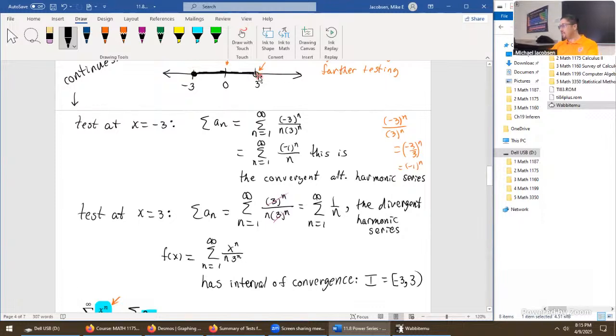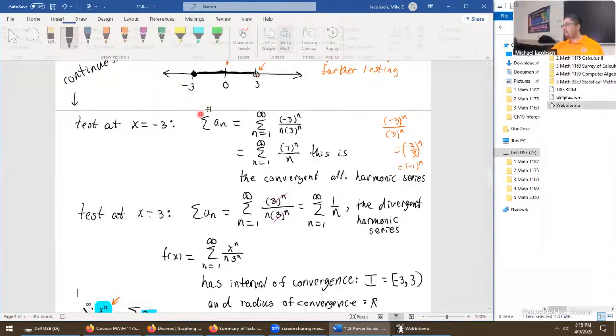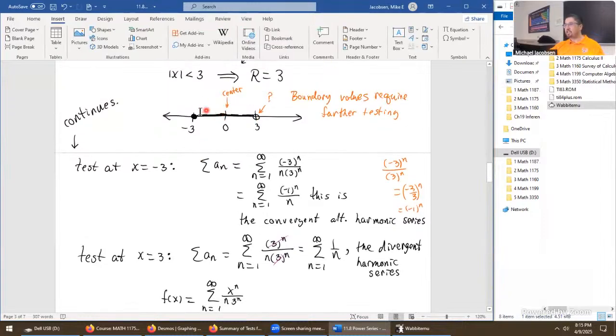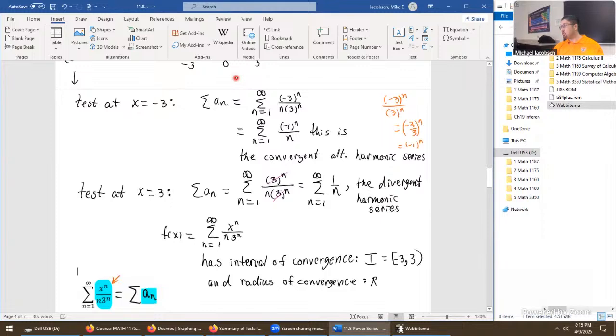Kind of weird, right? And radius of convergence. Radius of convergence is just how far do you have to leave the center till you hit one boundary or the other. Doesn't matter if you converged or diverged on that boundary. The distance is 3, so the radius is 3 itself.